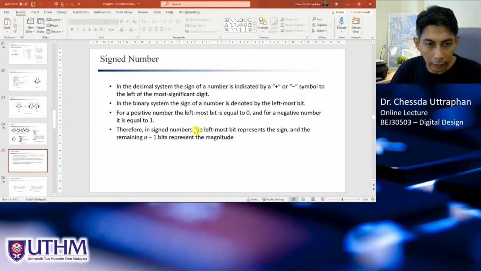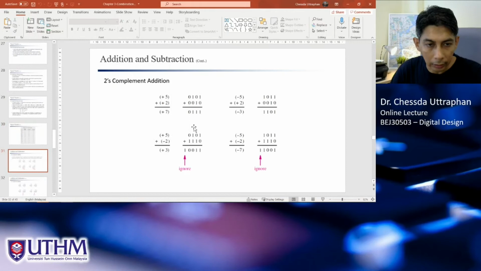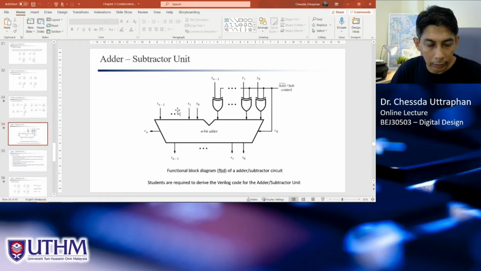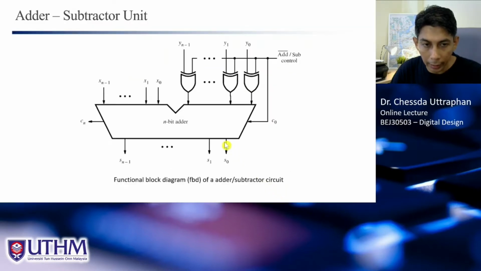Last week we have learned the adder subtractor unit. All right, so this circuit can be used to add and subtract numbers in digital hardware, and this is the circuit that is used in the computer in the ALU. So this circuit is very important to perform arithmetic operation.